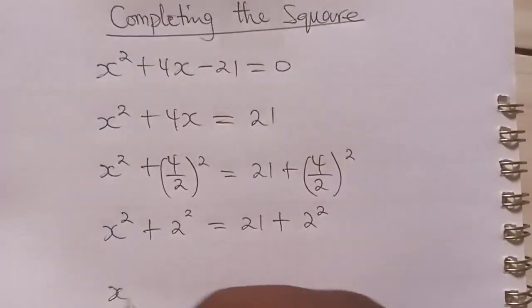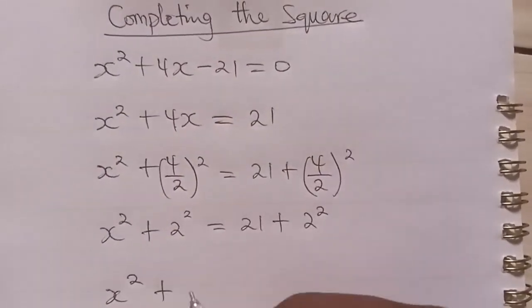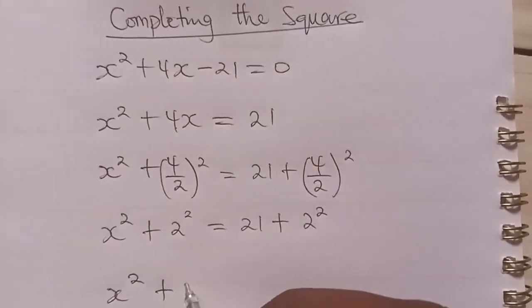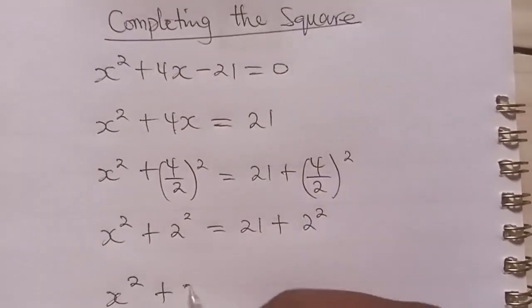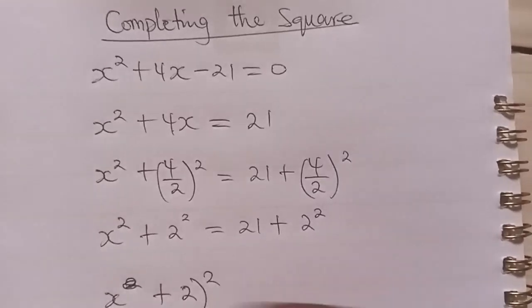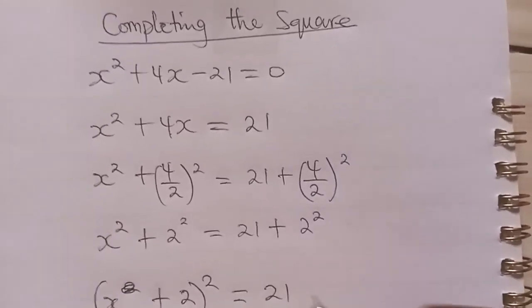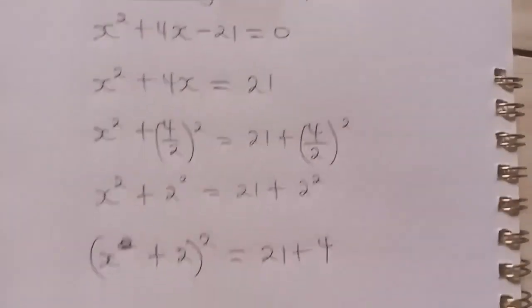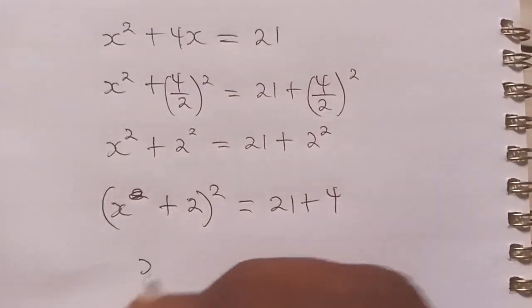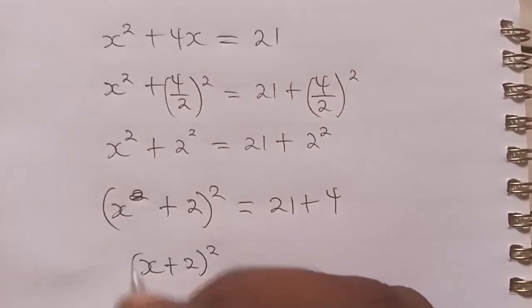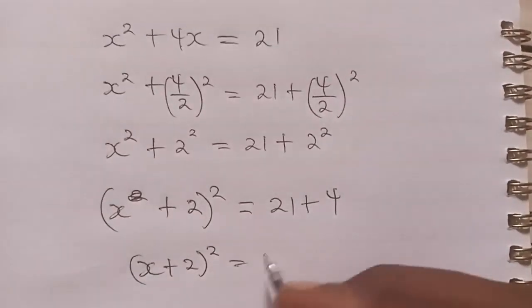So here we have x squared plus 2 squared, which we can say is x plus 2 all squared. x plus 2 all squared equals 21 plus, here is 4. So what we have here is that x plus 2 all squared is equal to 25.